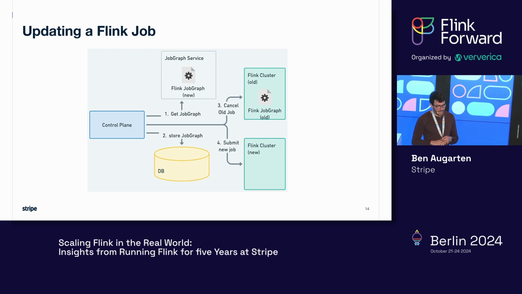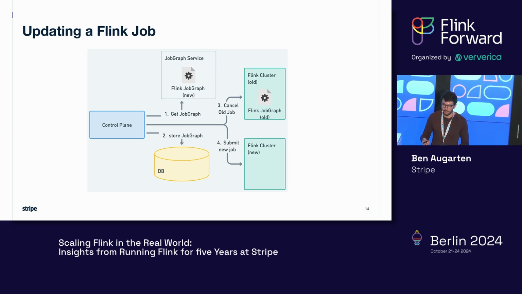So, our control plane and our change management solution, we do this clever thing where we generate the job graph in a job graph service, and then we store it in a database. And this is really convenient because then we have a persistent reference to the job graph. It lets us use the same exact job description when we go to roll back the job.